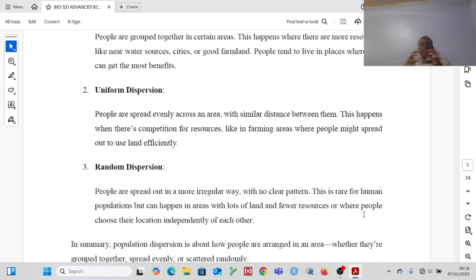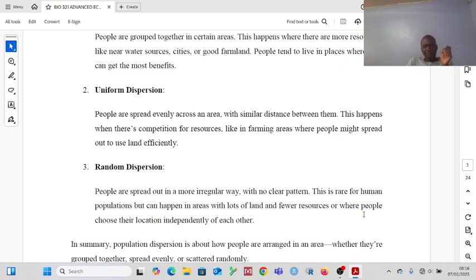Okay, so where there is a fairly high level of competition, then you'll find almost some uniform distribution of organisms across that environment.